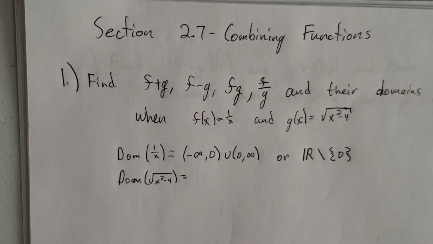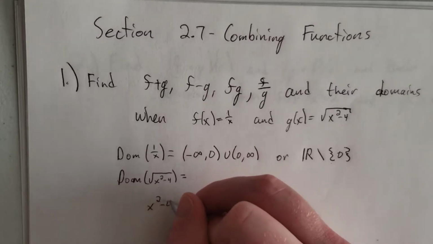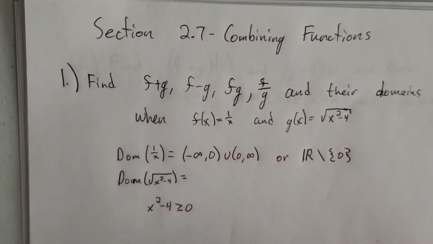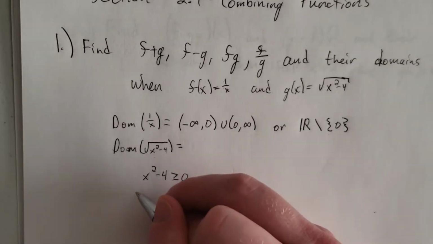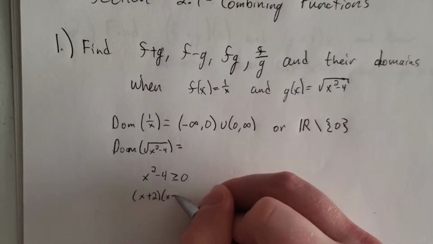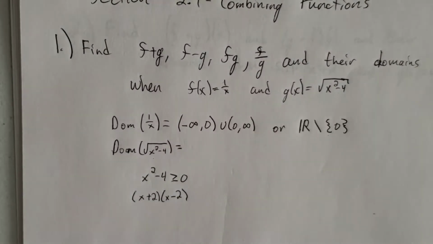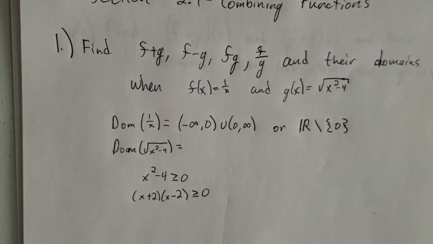That means x squared minus 4 needs to be 0 or positive. So x squared minus 4 needs to be equal or greater than 0. Well, x squared minus 4 factors into x plus 2 times x minus 2. This needs to be equal or greater than 0.